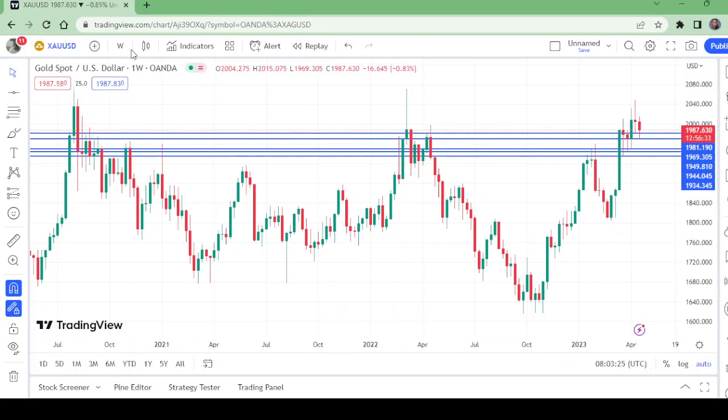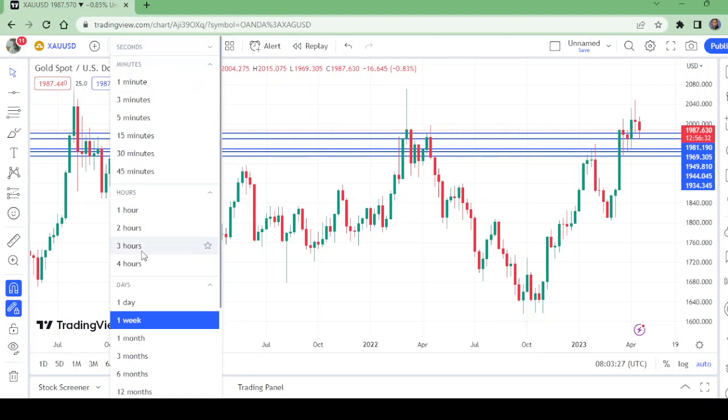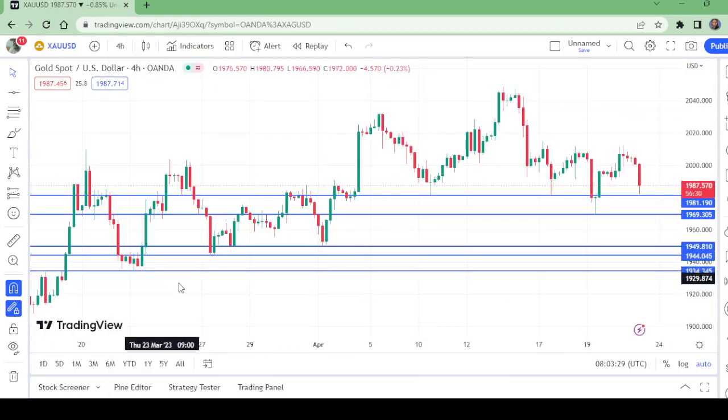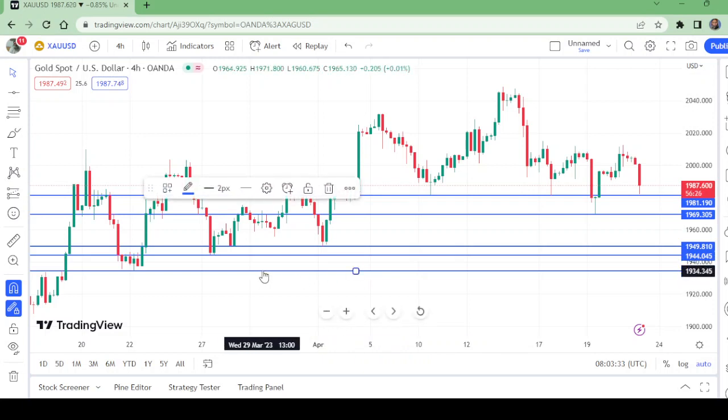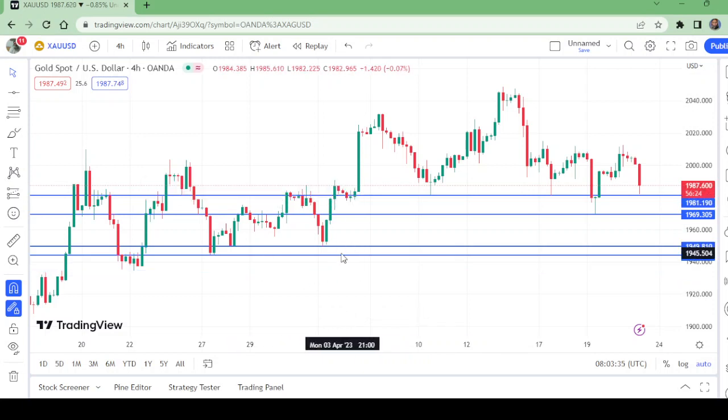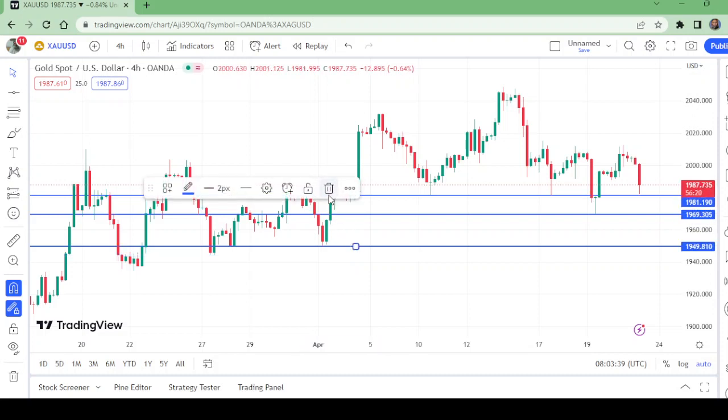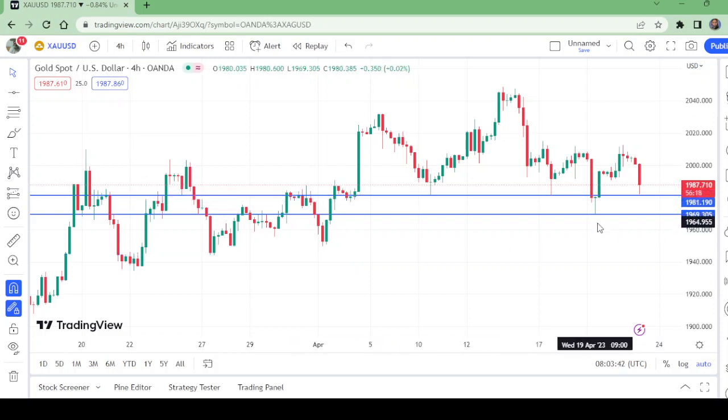Now let us move to the 4-hour time frame. We don't need these, let me remove all of them. We can just put the stop loss under this. Now let me put the long position here.